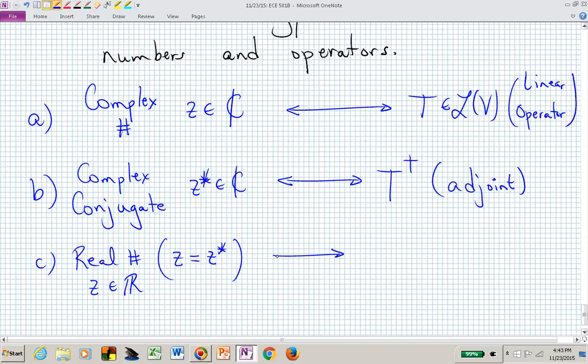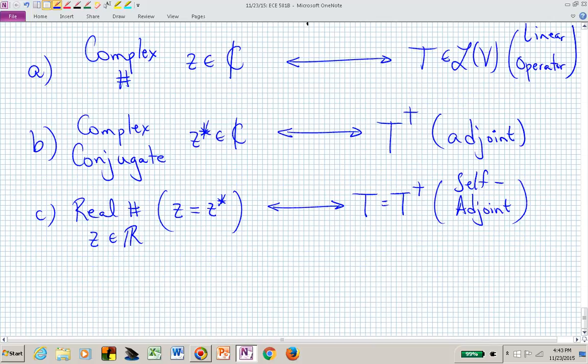And what did that correspond to in our operator? Then it was self-adjoint, wasn't it? We had T is equal to T dagger. So if we had a complex number and it was equal to its complex conjugate, then in operator think, that says that we have a self-adjoint operator.